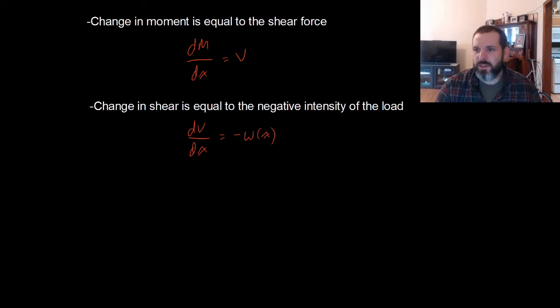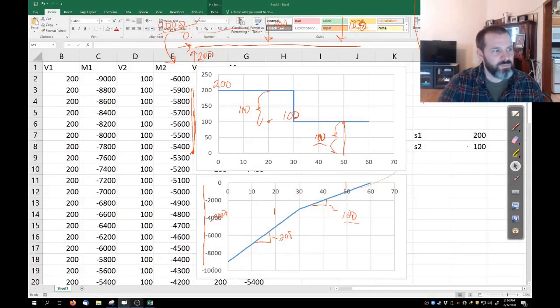For the case that we just looked at, there are only point load functions on the beam. And since there are only point load functions, there are only functions at individual points. So anywhere in between them, the function is 0.